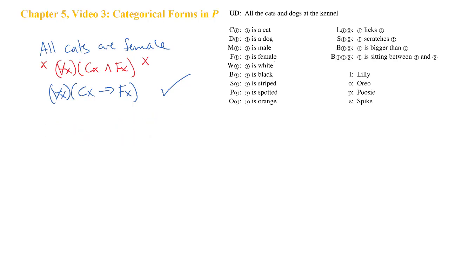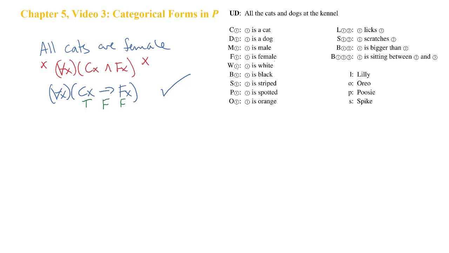To see that this gets us exactly what we want, think about the ways in which this would be true or false. Suppose it is not the case that all the cats are female. Suppose that Spike is a male cat. Then we could find an object in the universe of discourse, in particular Spike, that would make the antecedent true here, him being a cat, but would make the consequent here false, him being male and not female, which makes that conditional false.